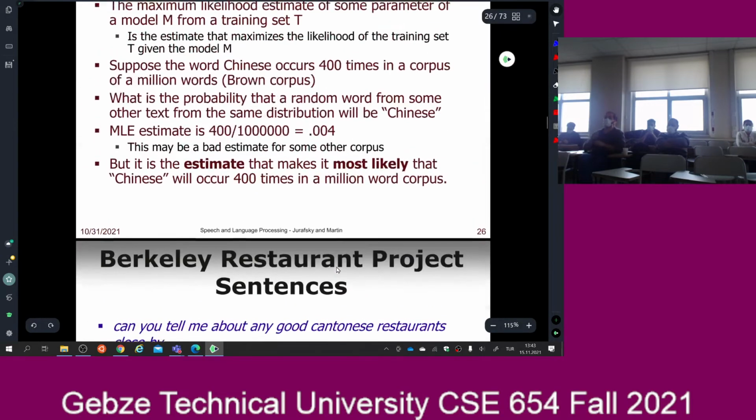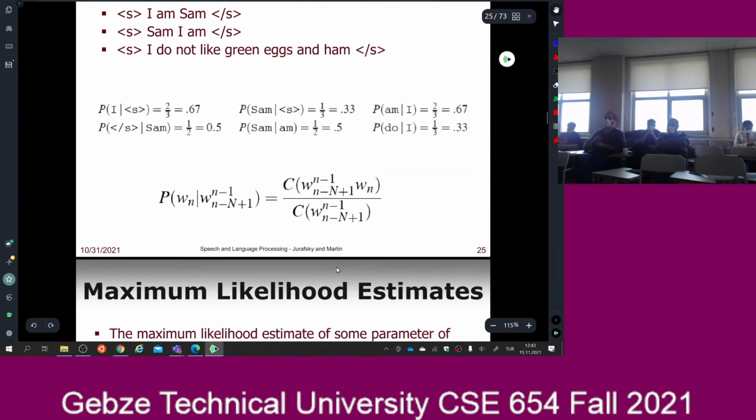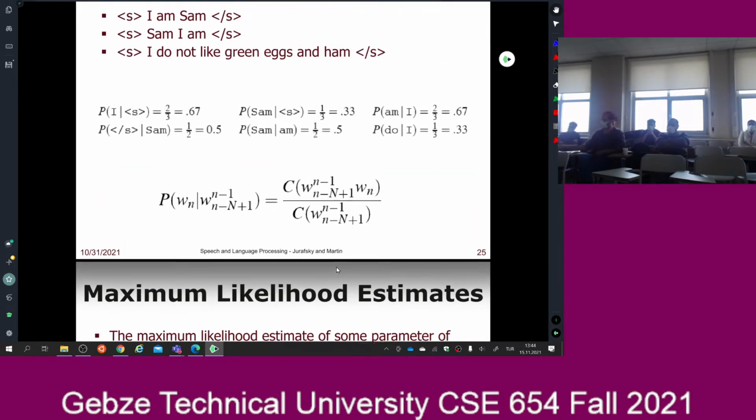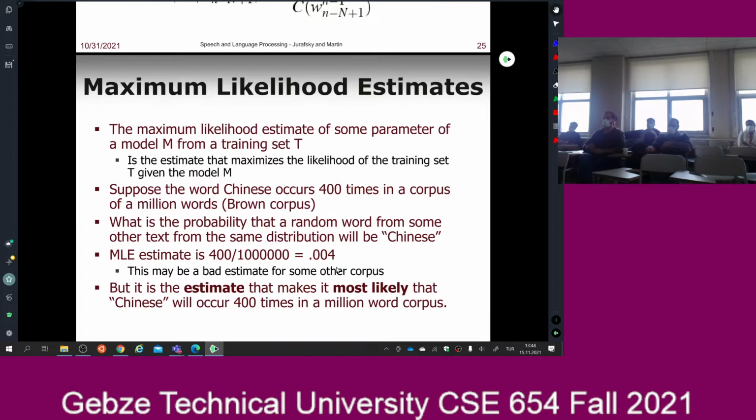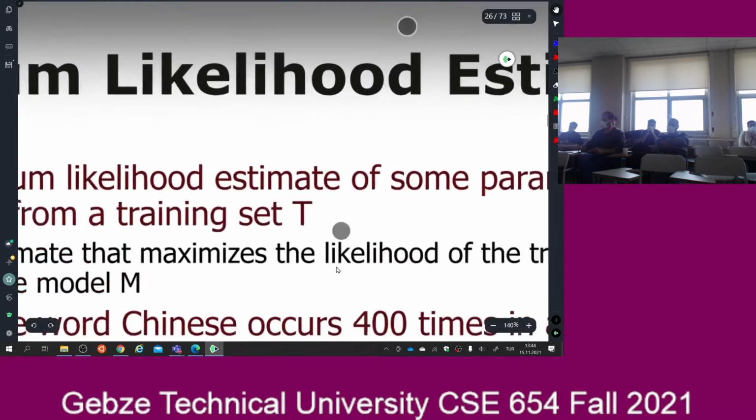Okay. To estimate the very simple probabilities, though, we use maximum likelihood estimation. That is, count the number of words in a corpus, and that will give you the prior probabilities. What do I mean by prior probability?